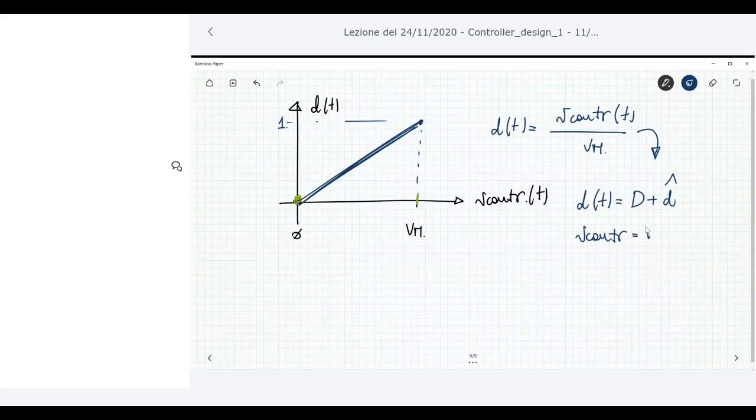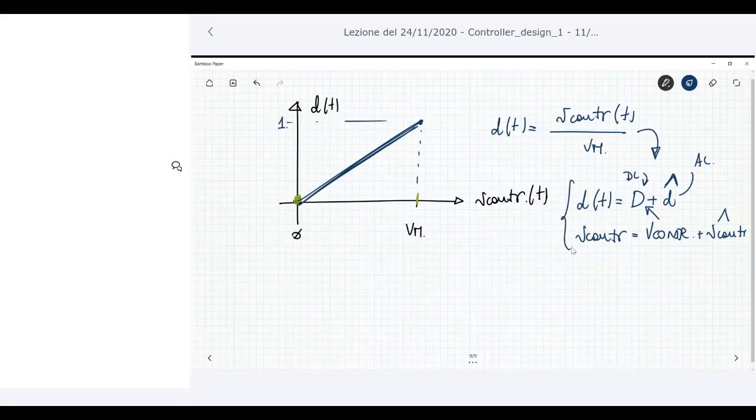The same happens for the control voltage. The control voltage has a DC value that makes it possible to obtain this duty cycle, plus a variation that I can express by this hat. So this is the DC component, and this is just the AC variation.